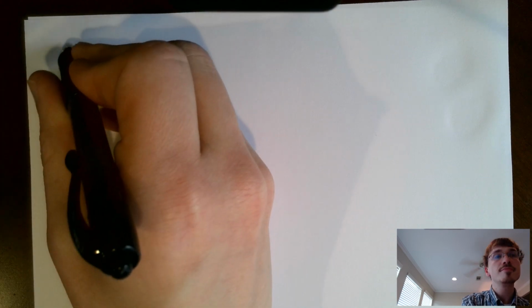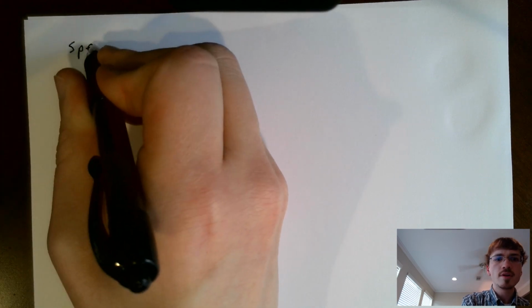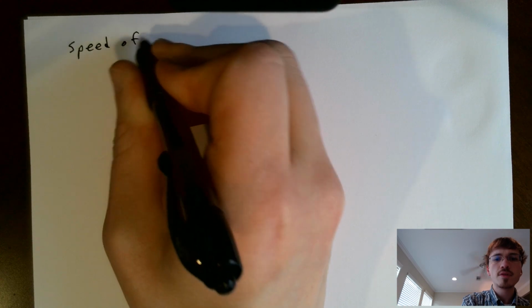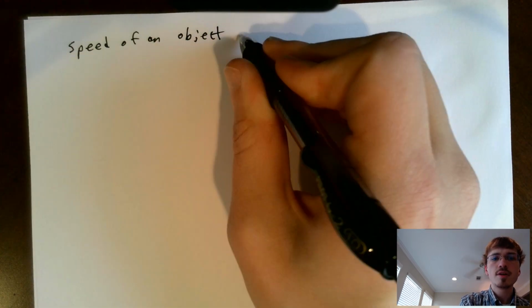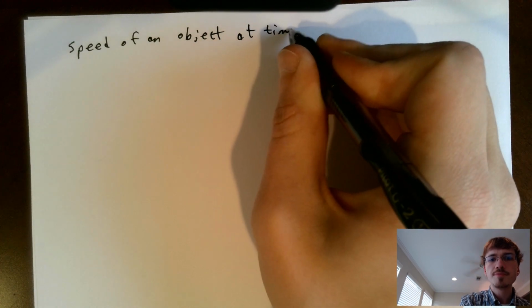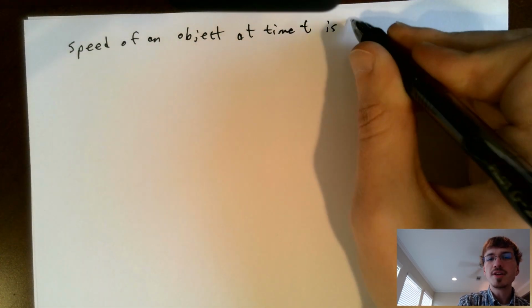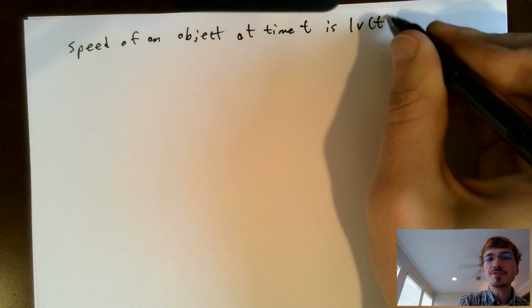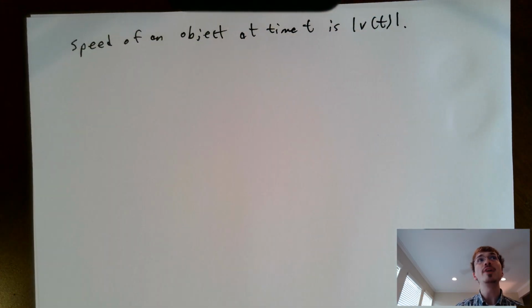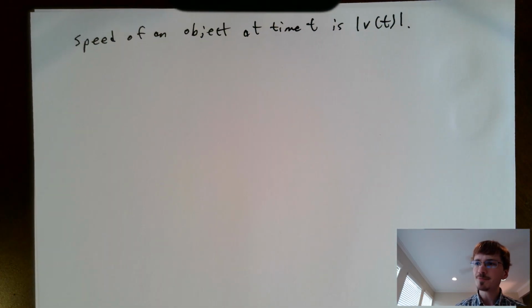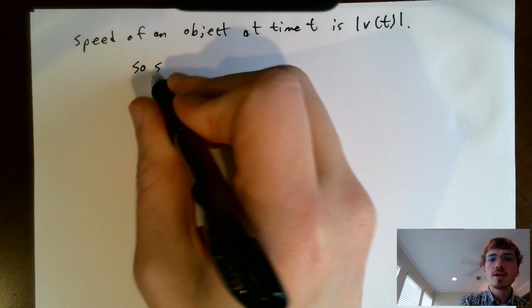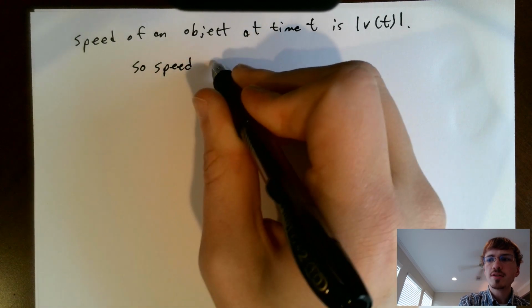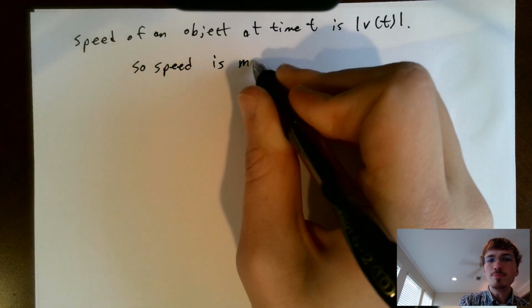All right, so with this, we have a new idea today, and that idea is called speed. The speed of an object at time t is given by the absolute value of the velocity function. So what this means is that speed is the magnitude.